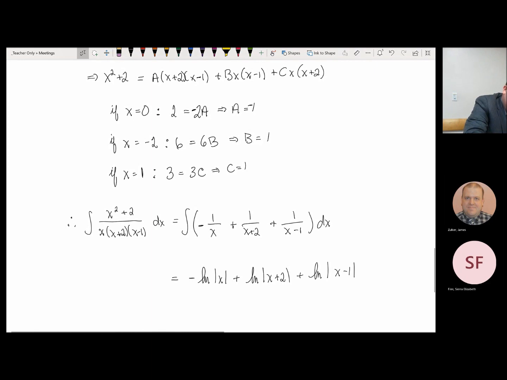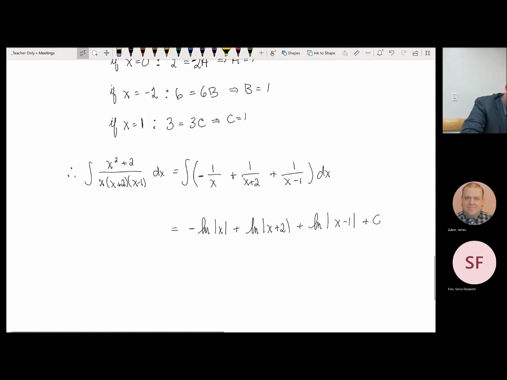Log absolute of x minus 1. And let's go ahead and simplify this because they all have the same coefficient. And there is the antiderivative.